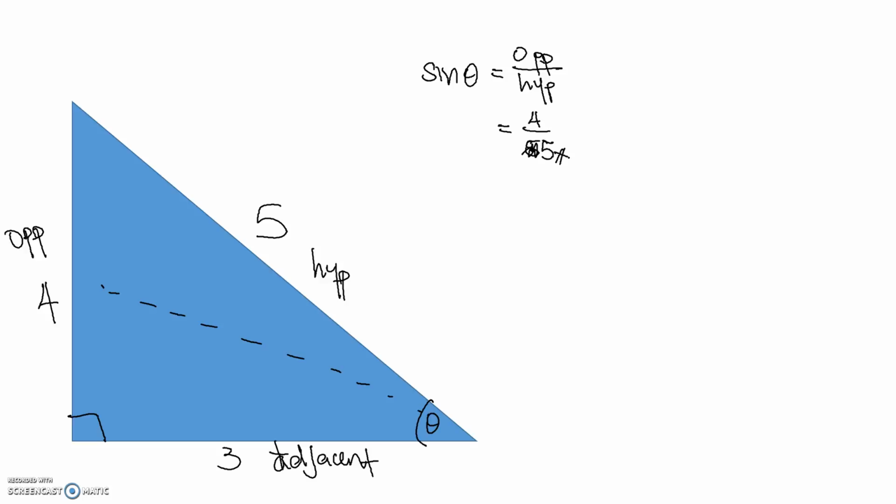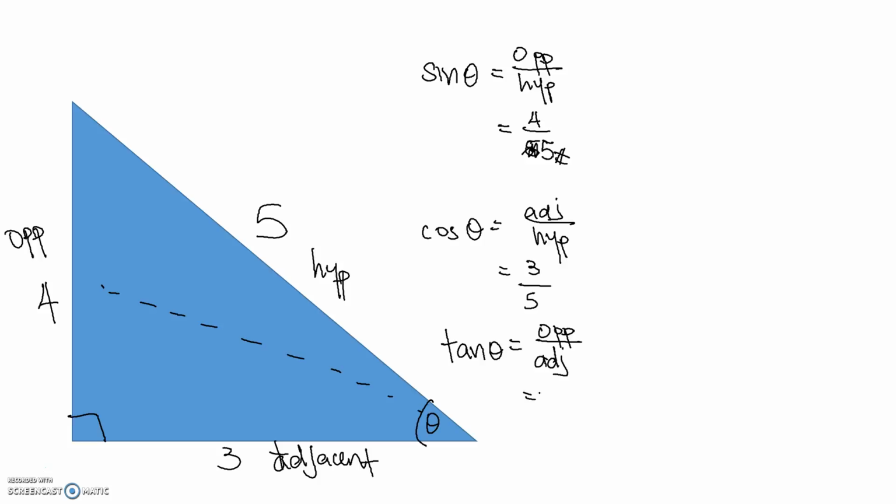So this is the ratio of sine theta. For cosine theta, it is adjacent over hypotenuse. The adjacent is 3, the hypotenuse is 5. And lastly, tangent theta is opposite over adjacent, which is 4 over 3.